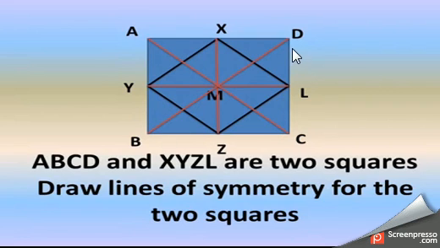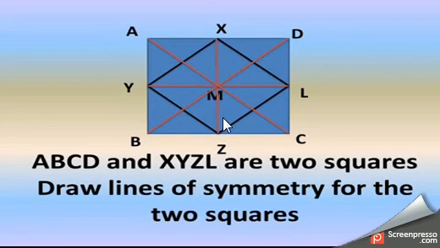Mister, now you draw the lines of symmetry of the square ABCD as well. Why? Because you draw the vertical line and horizontal line. Okay, mister. So when I count the lines of symmetry of the square ABCD, it becomes 4? Yes, count with me: 1, 2, 3, 4. Okay, mister, but I don't count the lines of symmetry of the square XYZL.